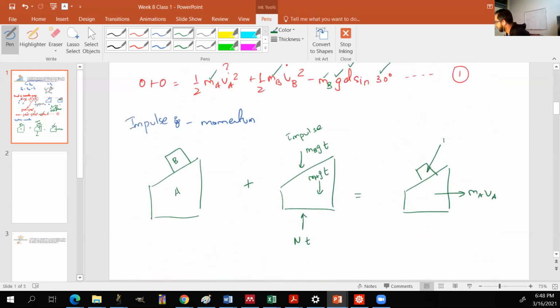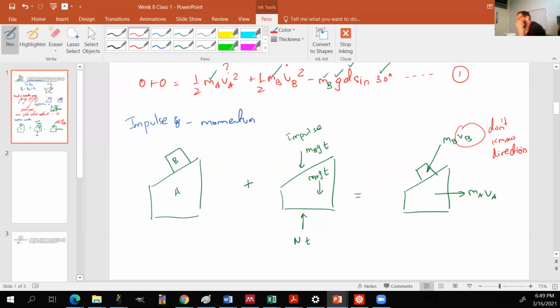So MBVB like that. The issue with writing it this way is that we don't know the direction of VB. And that adds another unknown into the expression.